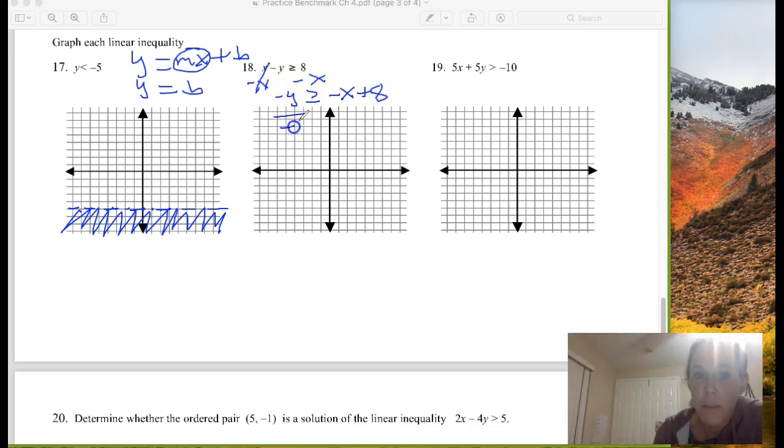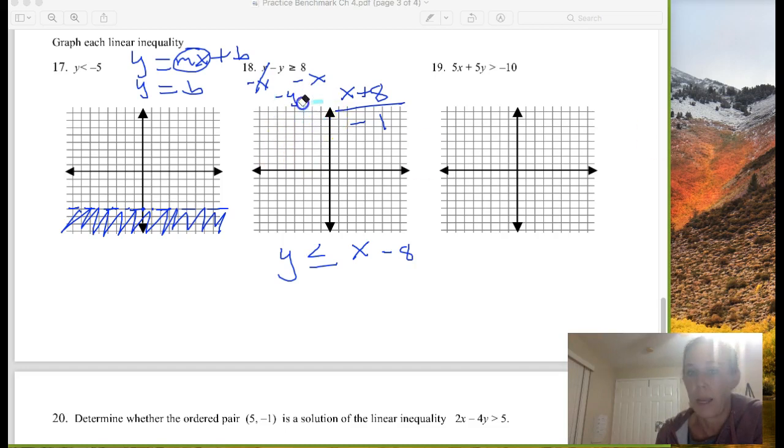So I'm going to divide both sides by negative 1, and red flags should go off. When I divide by a negative, I flip the sign. So bringing this down, I have y, and I had to flip that sign, is less than. And then negative 1 has to distribute to both terms. A negative divided by a negative gives me a positive 1, or just an x. Negative 1 into the positive 8 gives me negative 8. So here is now my inequality.